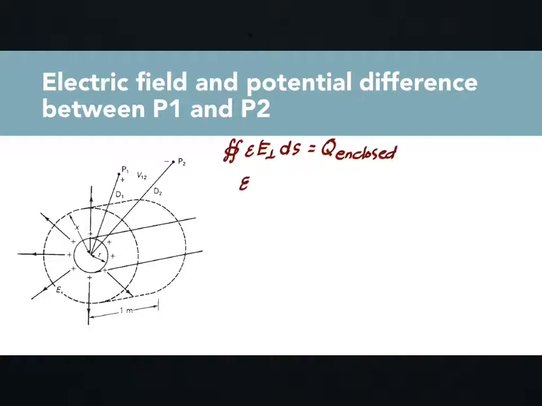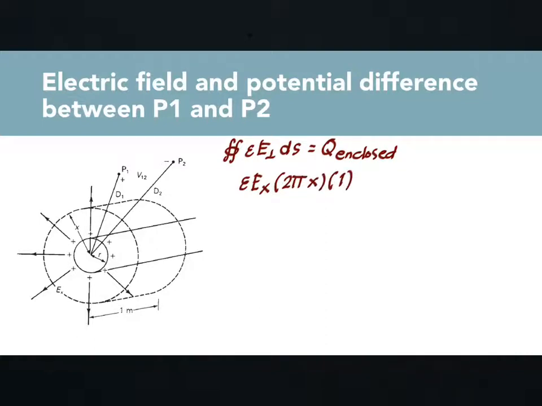And then the E normal, or the electric field strength, the normal component, will be E of x, because x is our parameter here.